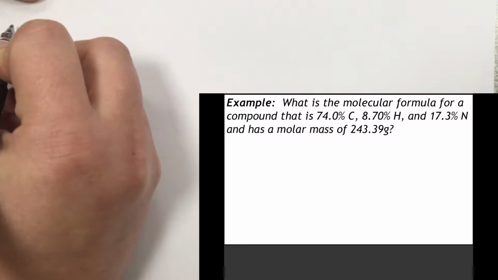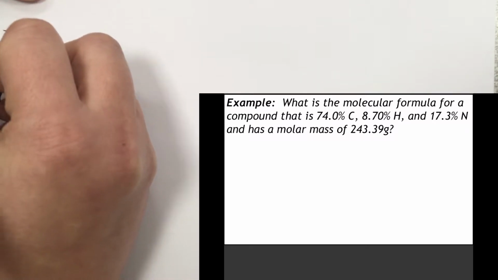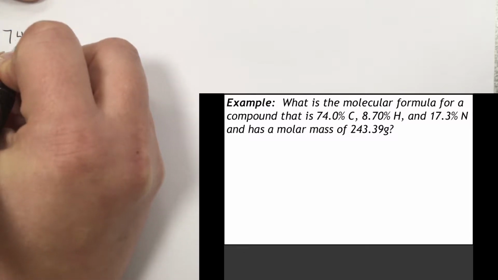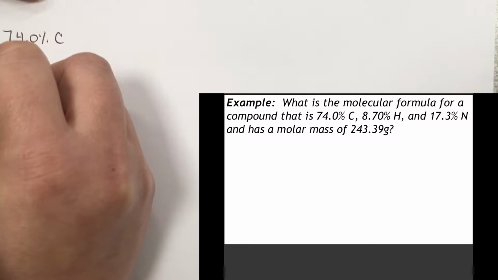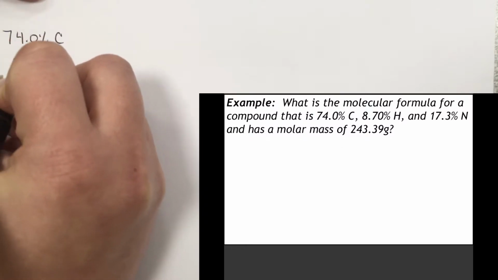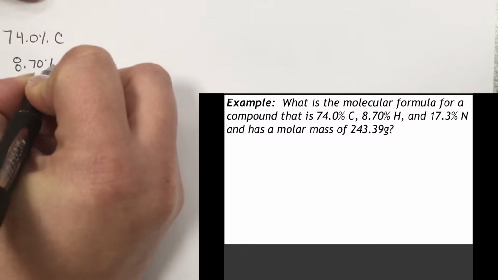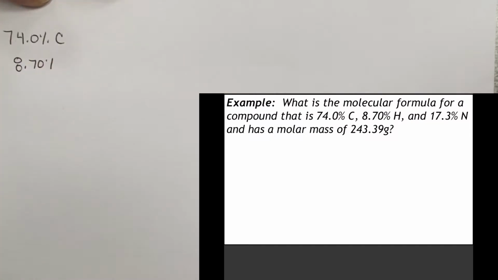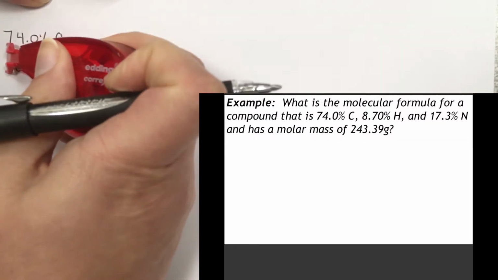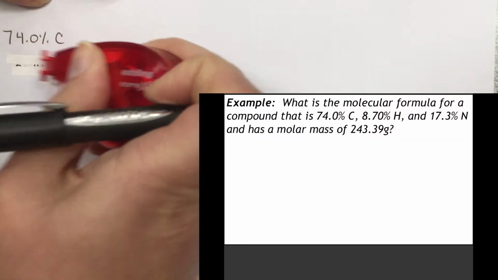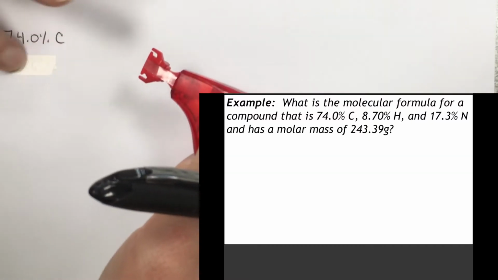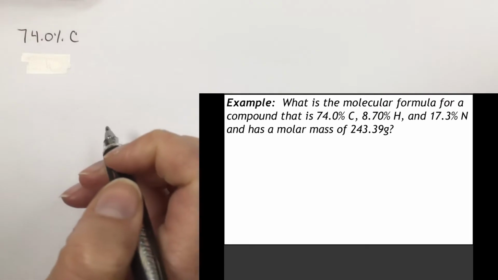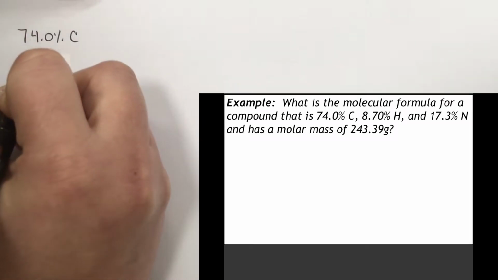So it is 74.0% carbon, 8.70% hydrogen, and 17.3% nitrogen. I actually want to give myself more room, I'm sorry. You guys know what these equations look like, and it would be rather annoying to not have a little bit more room.